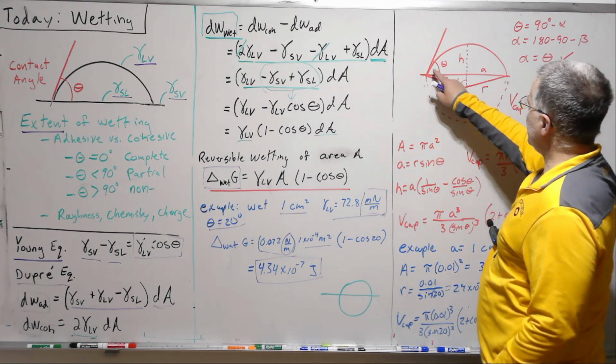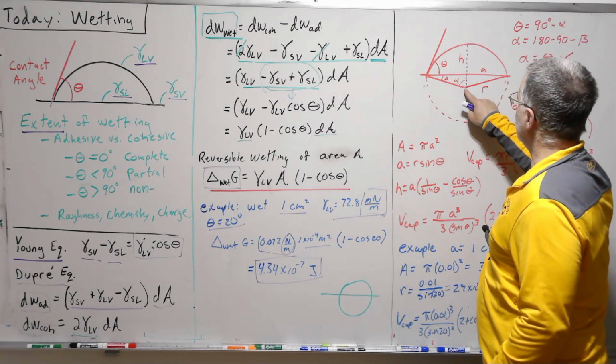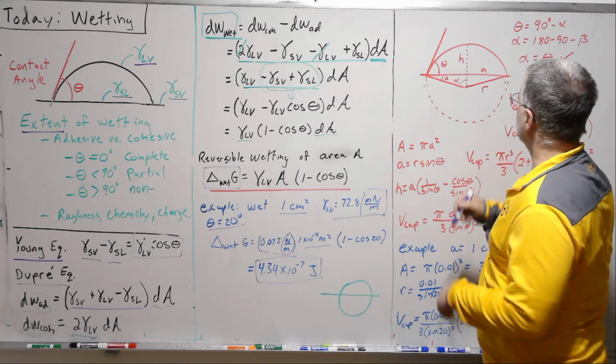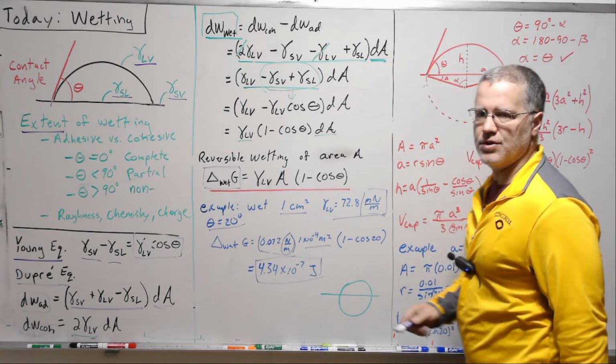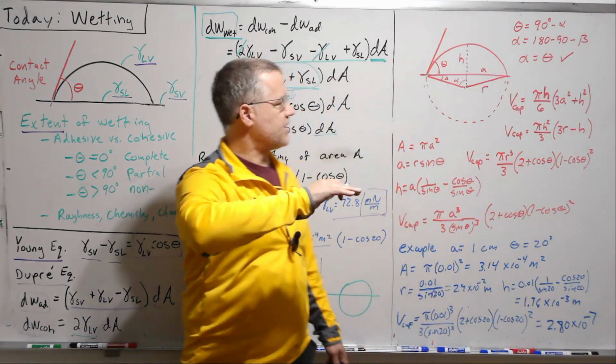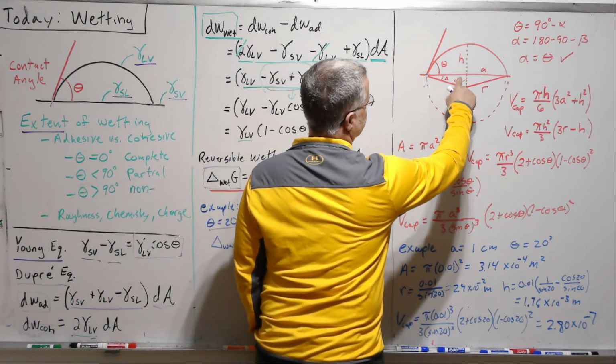So let's first relate this contact angle to the angle that the radius makes from the center to where the surface intersects the sphere. Let's call that angle alpha.